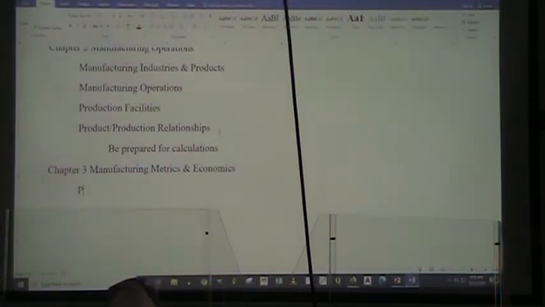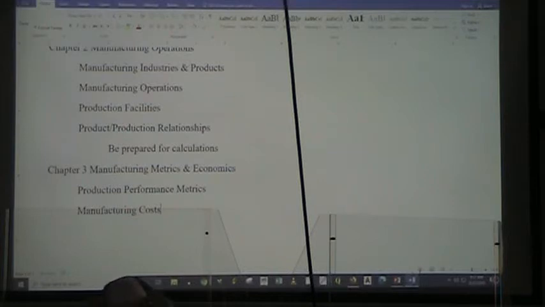Right, so production performance metrics and manufacturing costs.